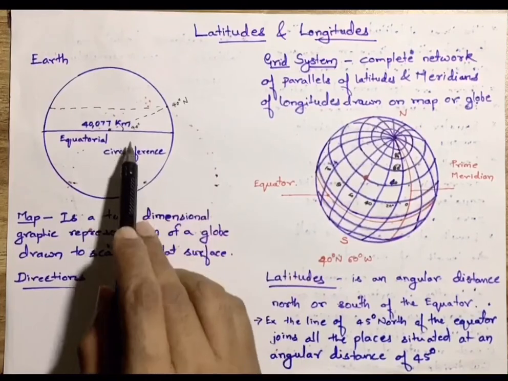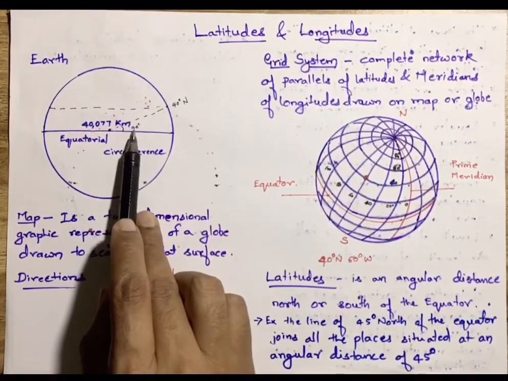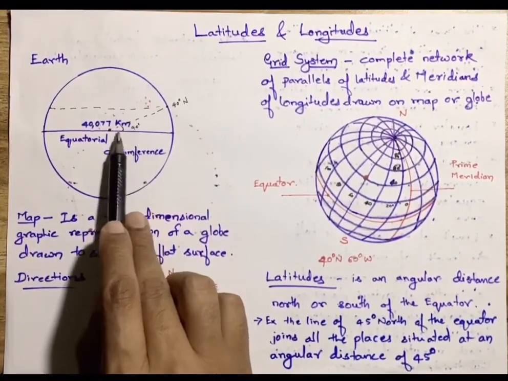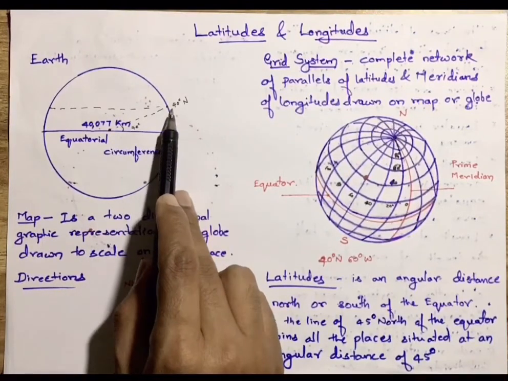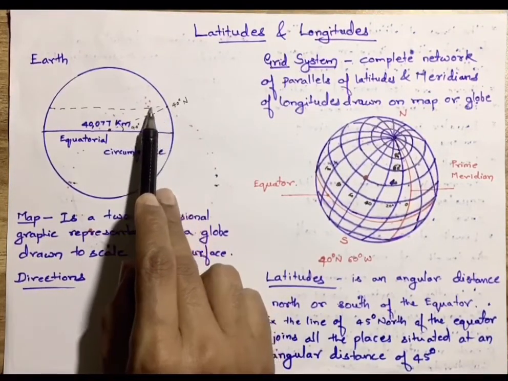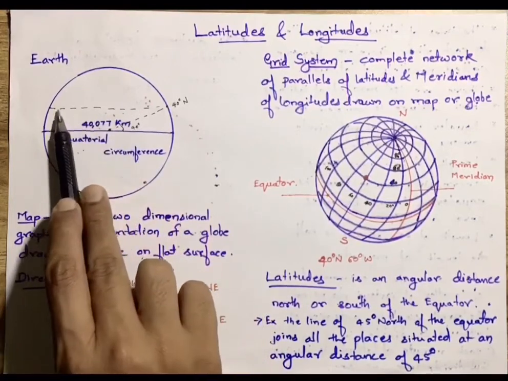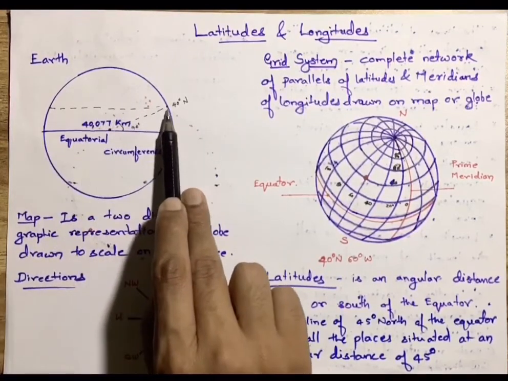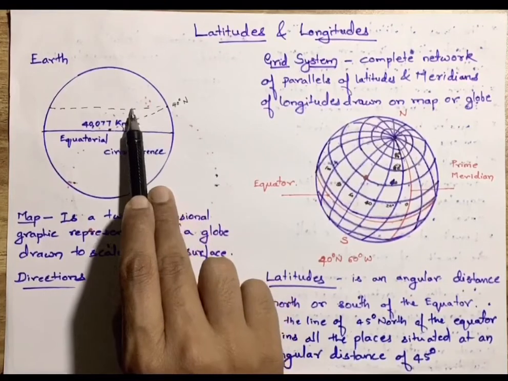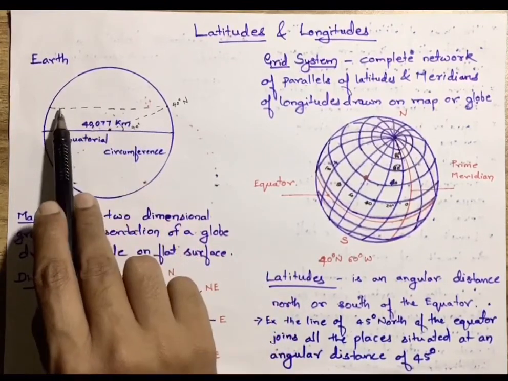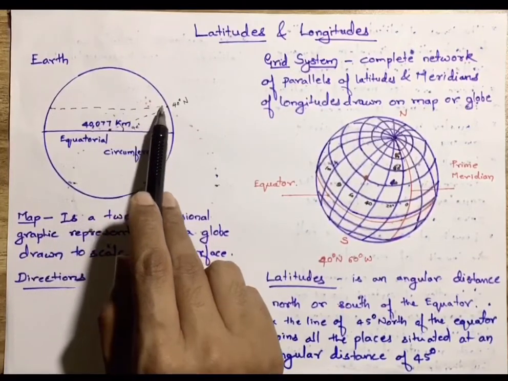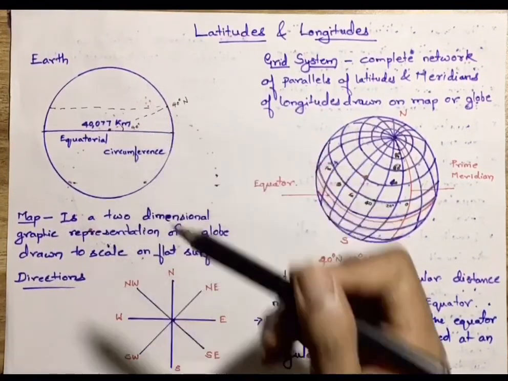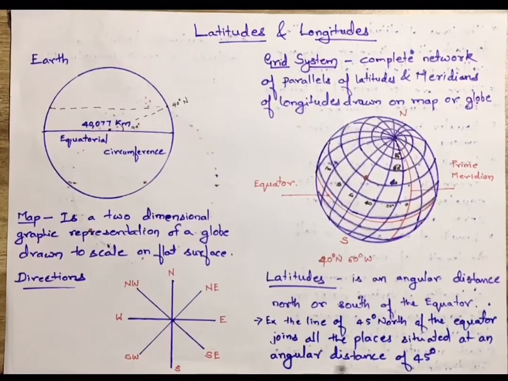You can see over here an angle is created. This is a 40 degree angle which is subtended from the center of the Earth. So when you talk about this latitude, which is a 40 degree latitude, places lying on this latitude, there are different places, different countries across this line, will have location 40 degree north of the equator.